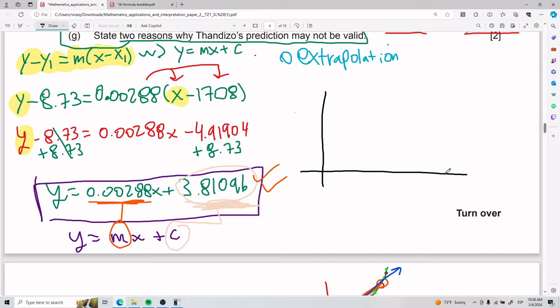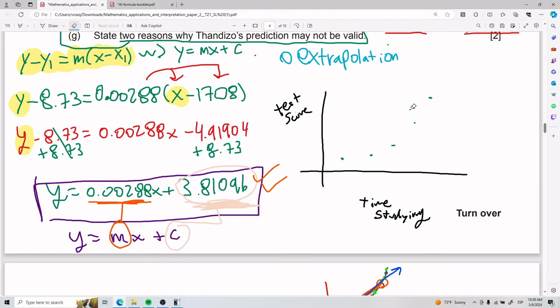here's a good one. So here you have test score, and here you have time studying. And so according to this, the graph would probably look something like, it's probably gonna grow really fast, right?